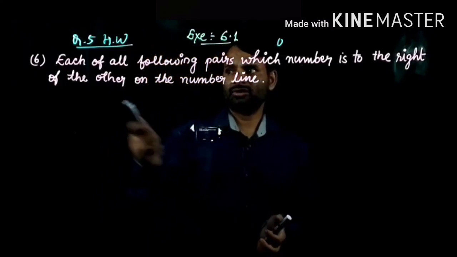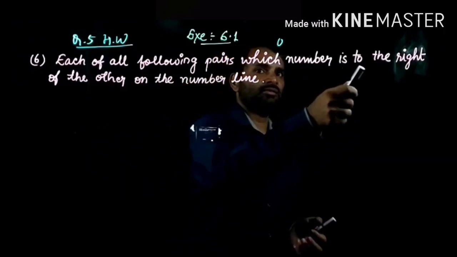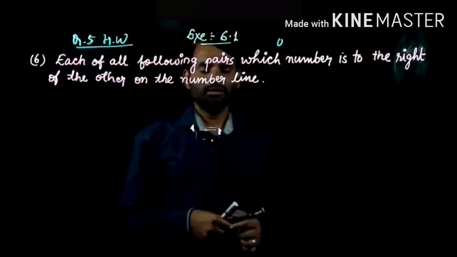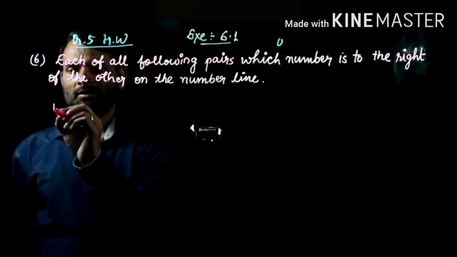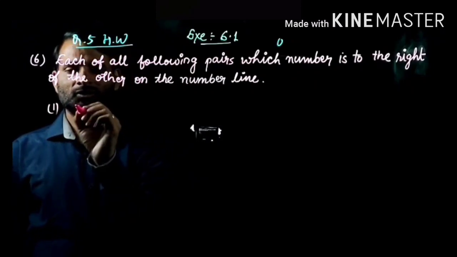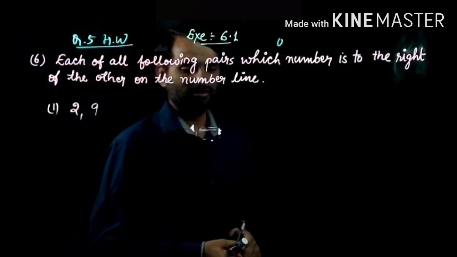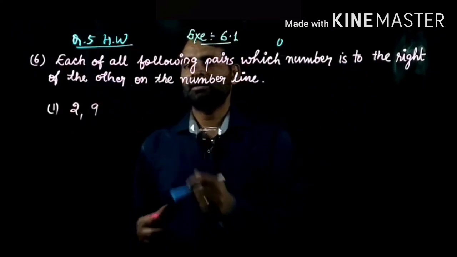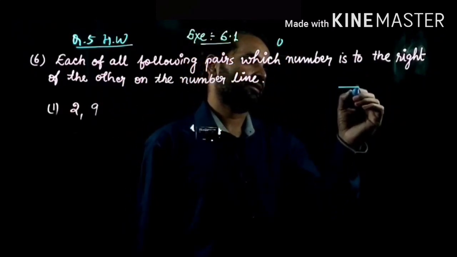Here to start the question number 6, each of the following pair which numbers is to the right of the order of the given number line. That is the first question is 2 and 9. They are two integers, pair of one integers, and ask the which number will right of the other number. So first will be the right that the two direction.